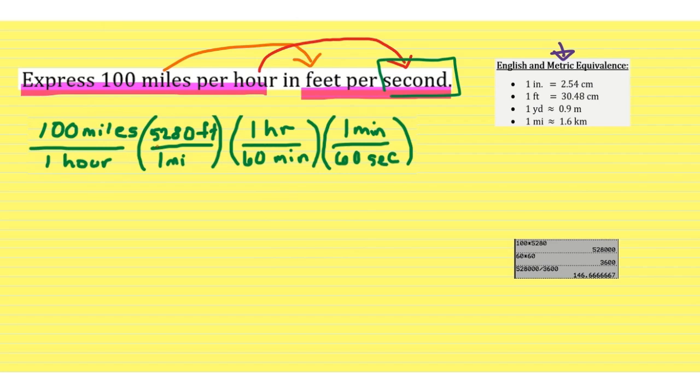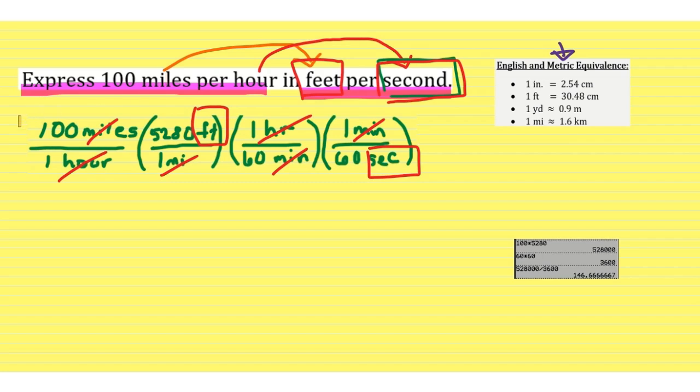We have come up with a conversion factor to eliminate miles. We have come up with a conversion factor to eliminate hours. And we've come up with the last conversion factor to eliminate minutes. And that leaves me with feet per second. And feet per second is exactly what I'm looking for.